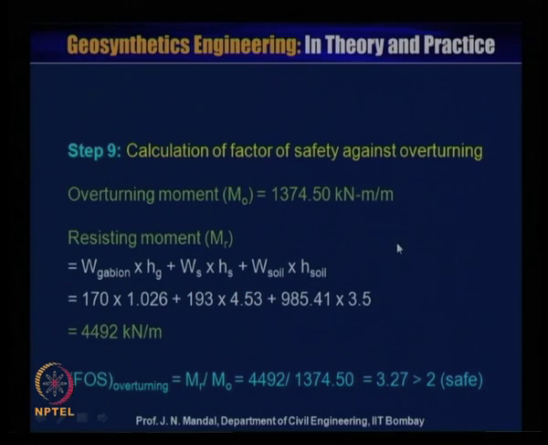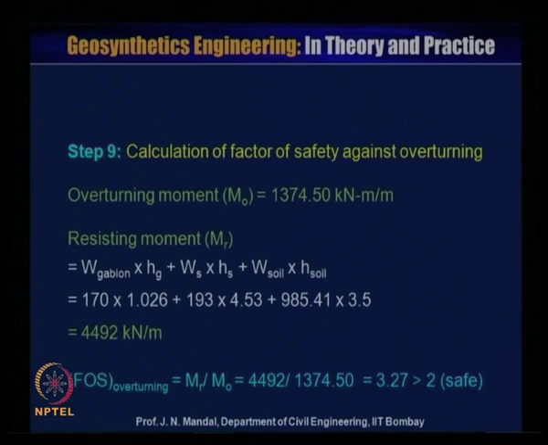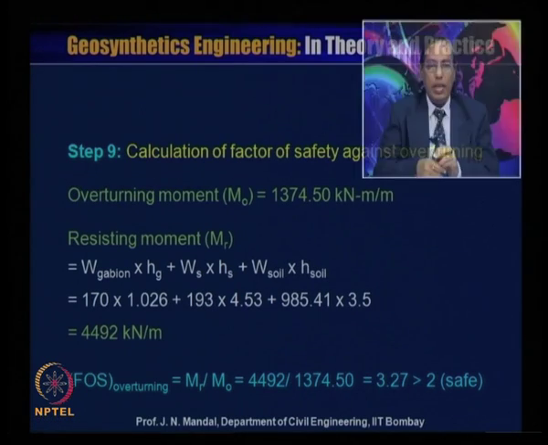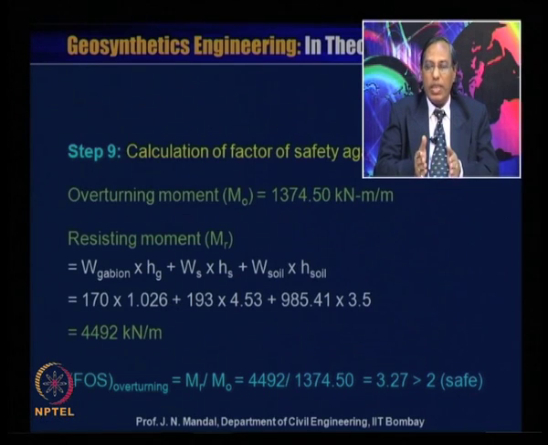So step 9, calculation of factor of safety against overturning. So overturning moment we calculated M0 is equal to 1374.50 kilonewton meter per meter. Resisting moment Mr is equal to W gabion into Hg plus Ws into Hs plus W soil into H soil.